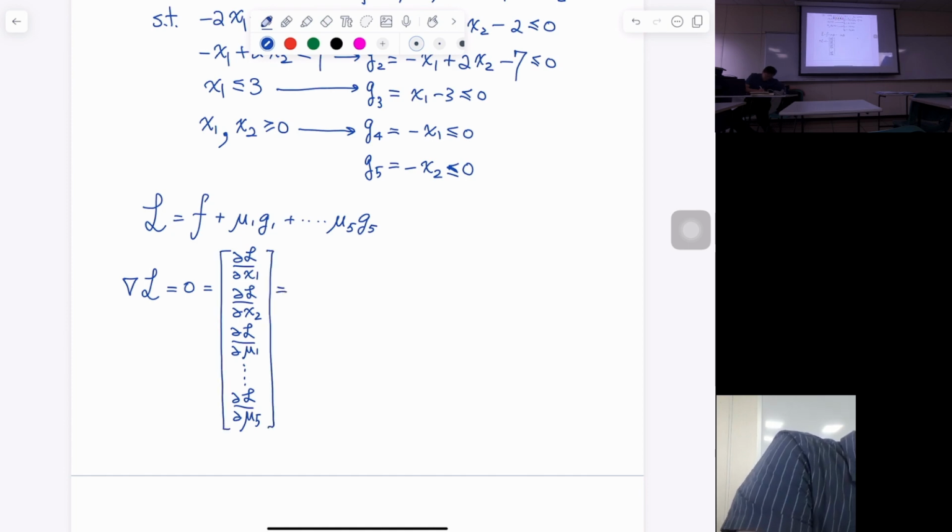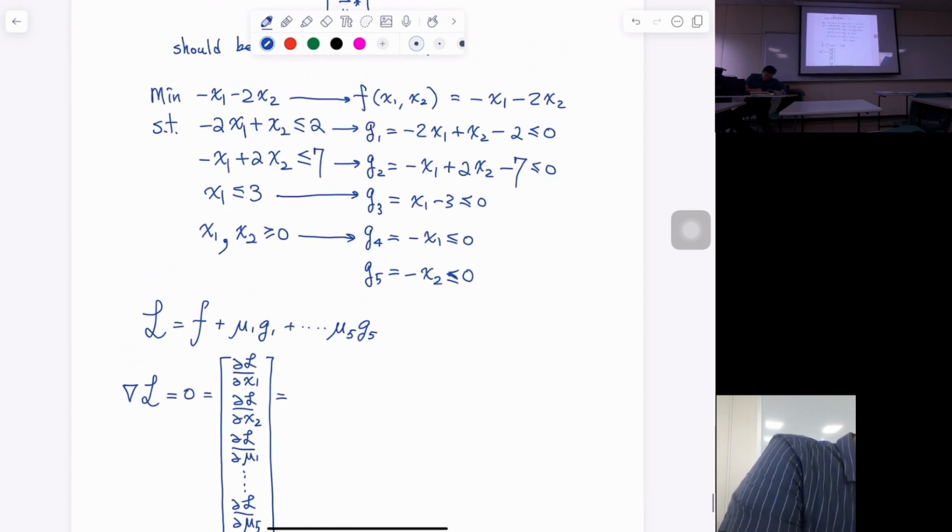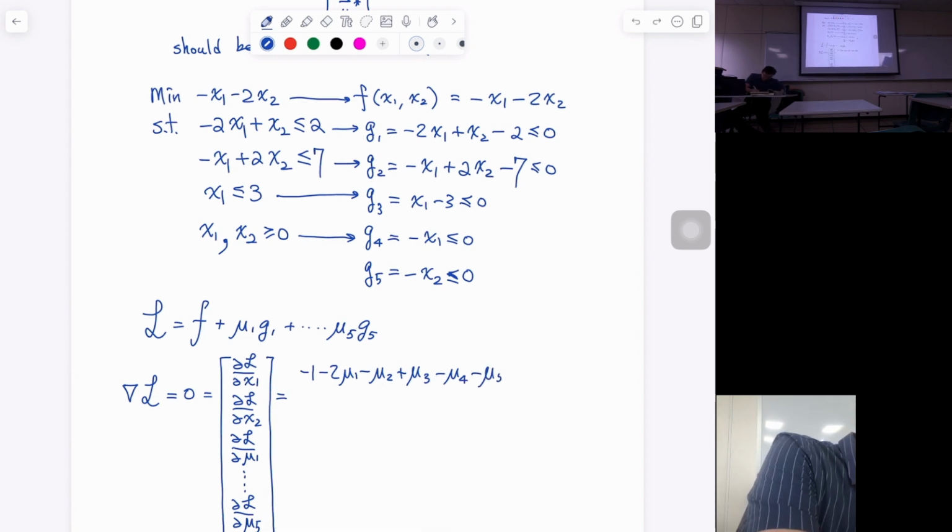Okay? So if you try it, at the end you will see the first term would be negative 1 minus 2 mu1 minus mu2 plus mu3 minus mu4. That's the partial derivative with respect to x1.